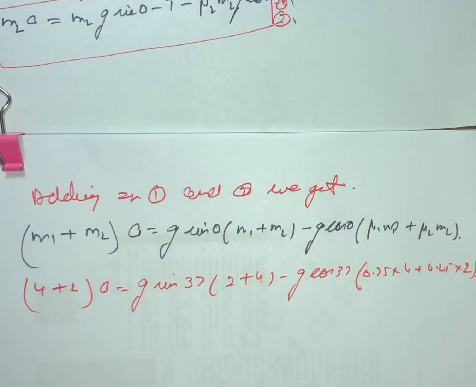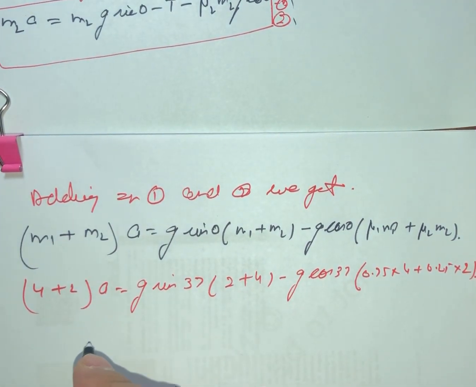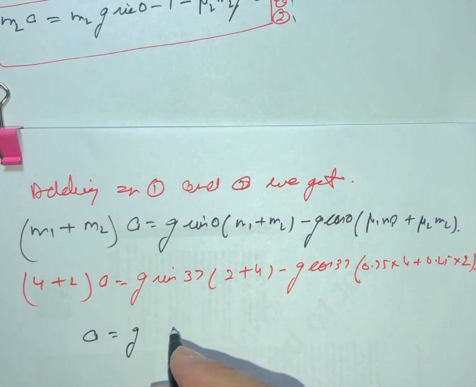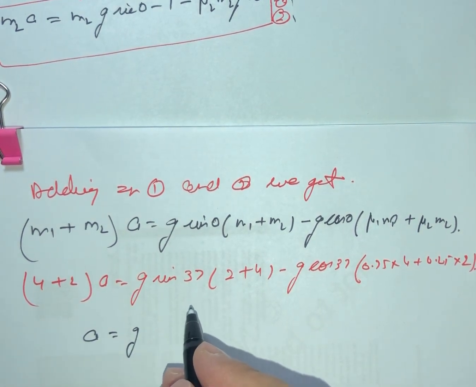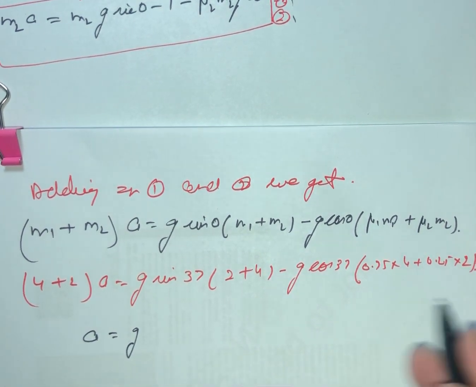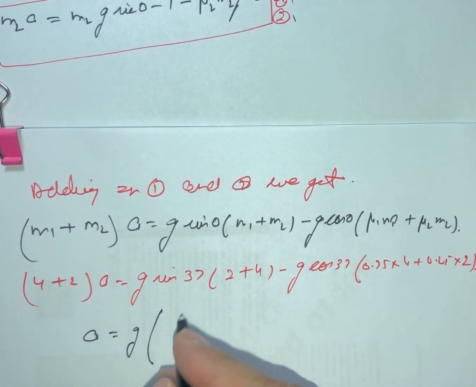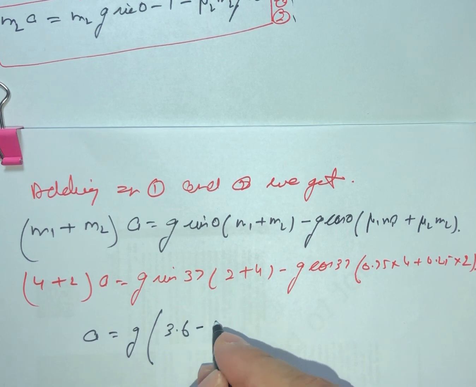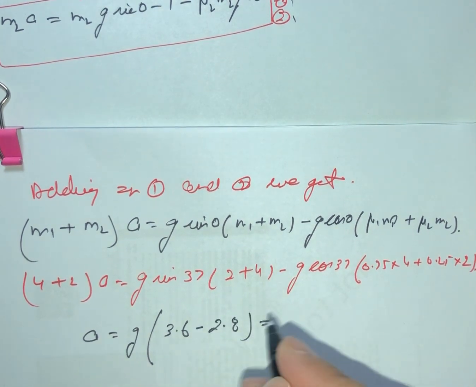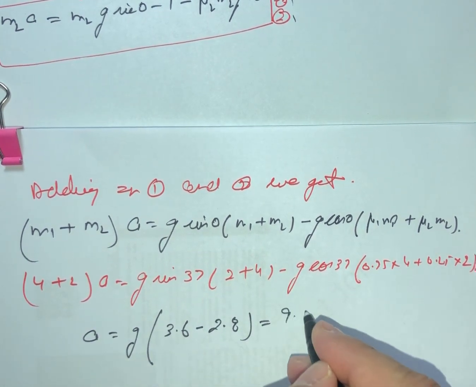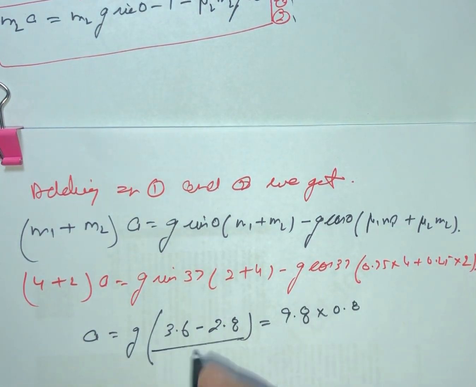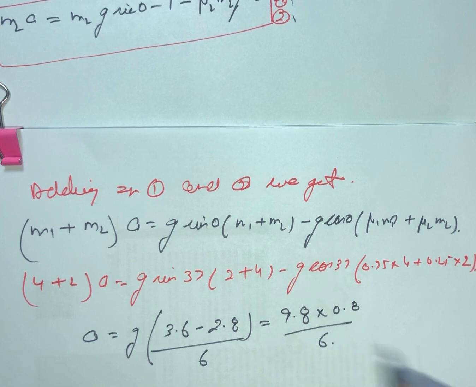So we can write that our acceleration a will be equal to g, which we can take as common, times (3.6 minus 2.8), which is 9.8 multiplied by 0.8 divided by 6.